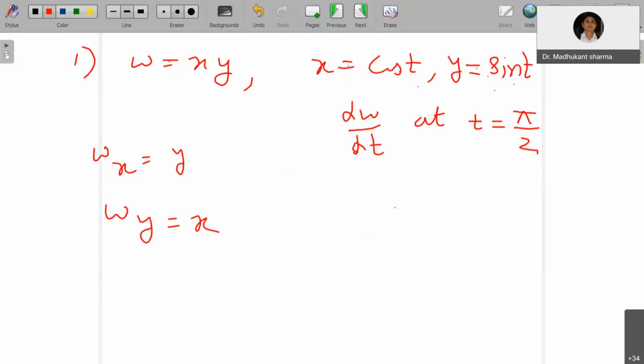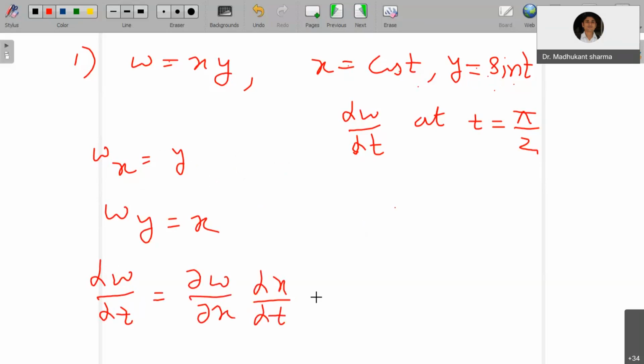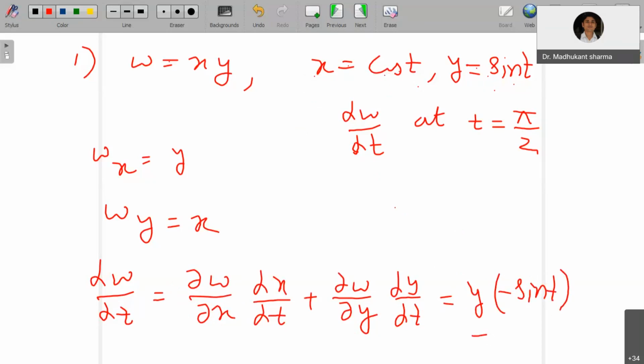Now, by chain rule, dw by dt is equal to dou w by dou x times dx by dt plus dou w by dou y times dy by dt. So this is y into dx by dt, and the derivative of cos t is minus sin t, plus dou w by dou y is x times dy by dt, which is cos t. Now, if you replace x by cos t and y by sin t, you have cos square t minus sin square t.